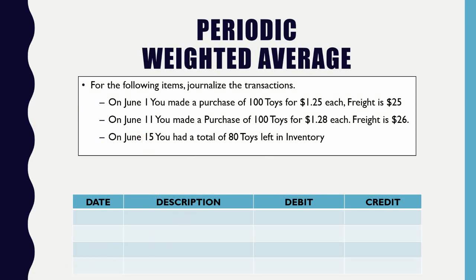Here we have on June 1st, a purchase of 100 toys at $1.25 each, and freight cost us $25. How do we journalize this? Start with the date.